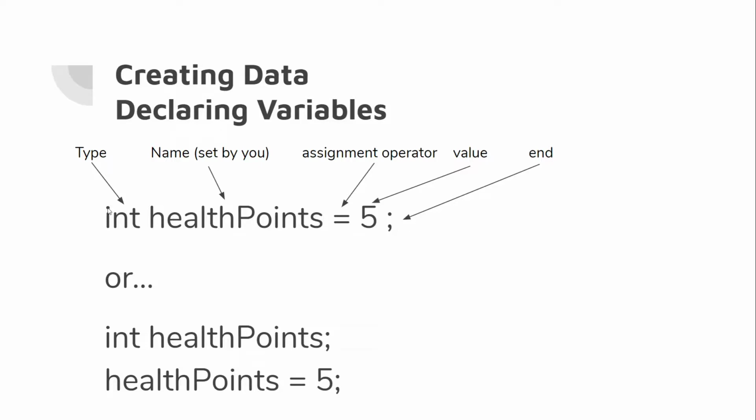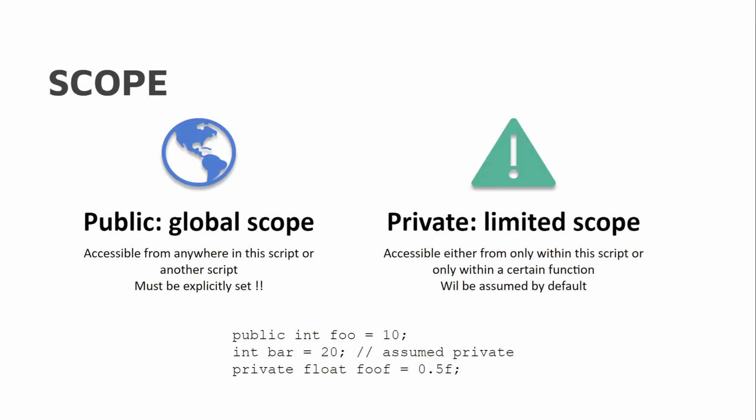That's the single line way to create a variable and initialize it. Or you could just declare it, int healthPoints, and then set it specifically, healthPoints equals 5. So then you could set a value for it after just declaring it.